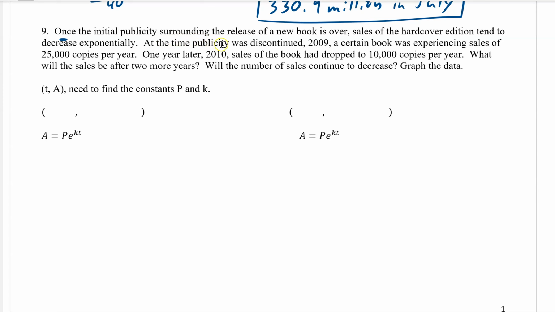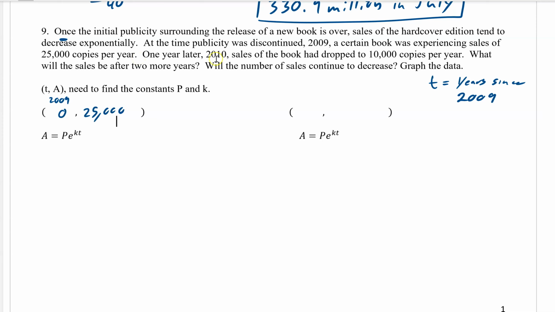At the time publicity was discontinued, 2009, that's our first year. So we're going to say t equals years since 2009. A certain book experienced sales of 25,000 copies per year. So we already know 2009 was 25,000 copies.